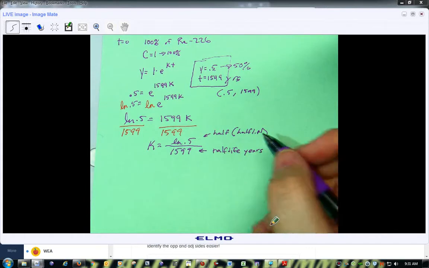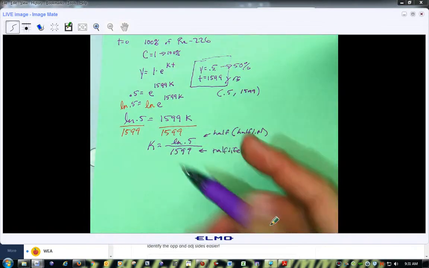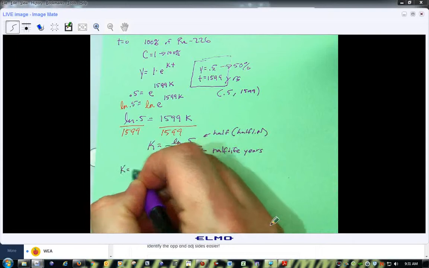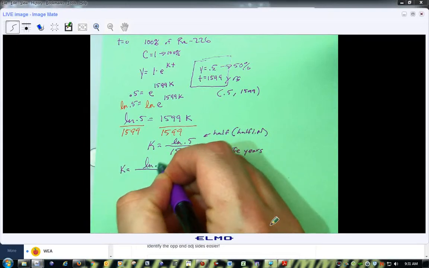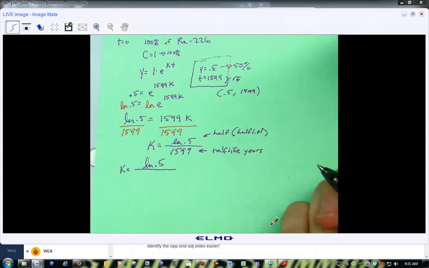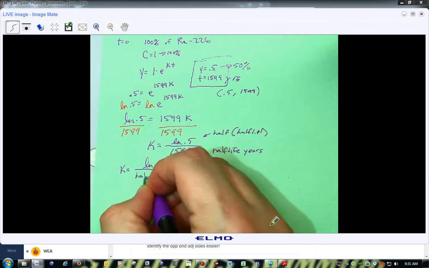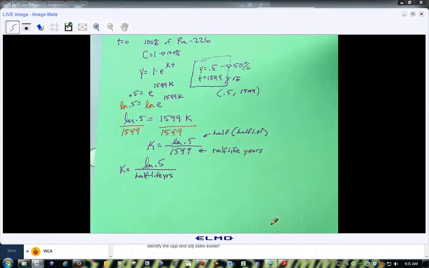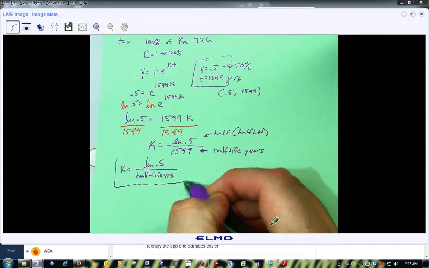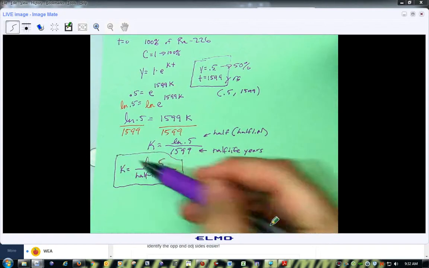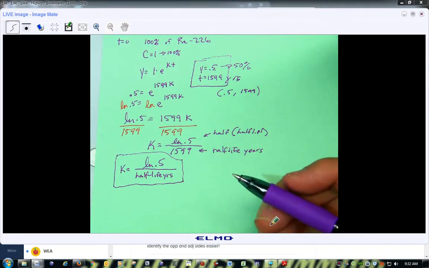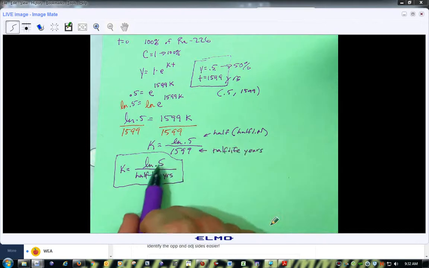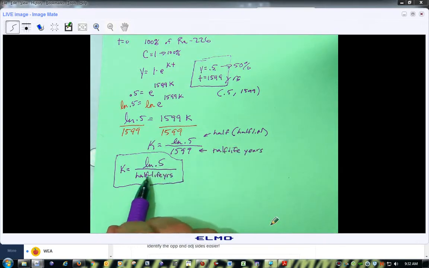And this is actually something that you can use all the time. You can almost skip this entire process, and for half-life, k is equal to the natural log of 0.5, because you're going to have half, over the half-life years. Whatever we're told is going to be our half-life, you can almost skip right to this k. No matter what, it's always going to end up being the natural log of 0.5, which is your half, and how many years it takes to get to that half.